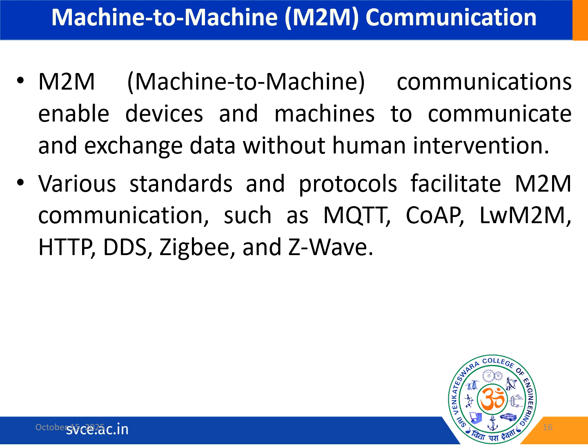And machine-to-machine communication enables devices and machines to communicate and exchange data without any human intervention. So when you consider machine-to-machine communication, we have various standards and protocols which support M2M communication. For example, MQTT, CoAP, HTTP, ZigBee, Z-Wave, and so on.